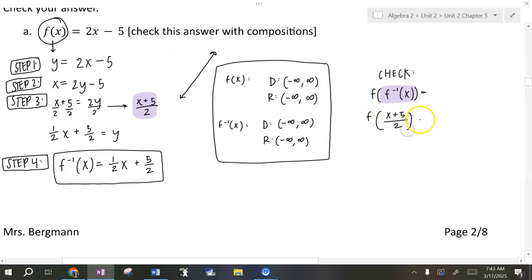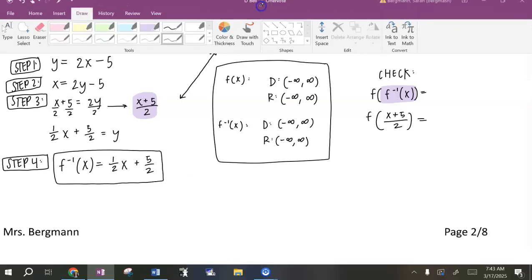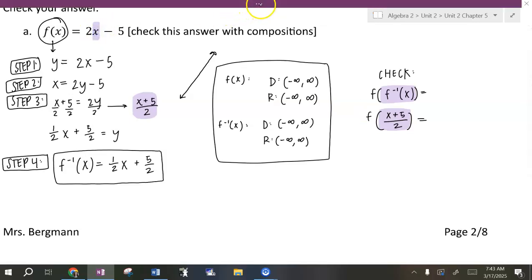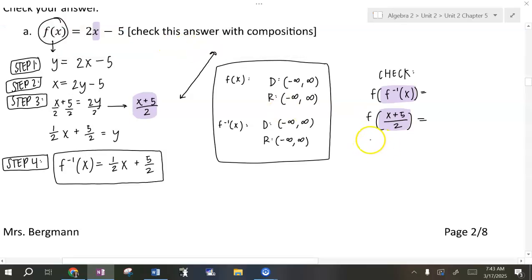I just think this way is maybe easier to work with than the slope-intercept form where we have fractions. So in order to plug in x plus 5 over 2 into the f function, I know I'm going to replace the variable with x plus 5 over 2. So it's going to be 2 times x plus 5 over 2 minus 5. I'm just replacing the x with x plus 5 over 2.